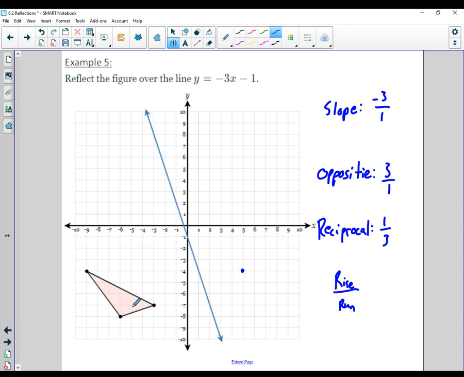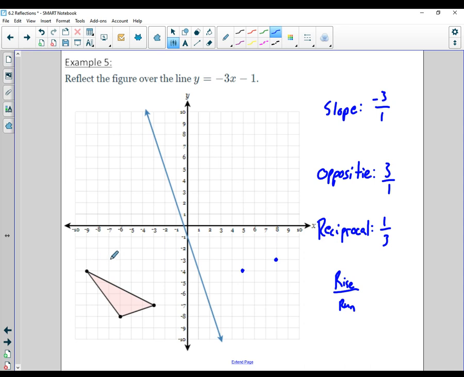Up 1 over 3, and then it should be 3 away, right? So up 1 over 3. There we go, because it should be the same diagonal distance away here.